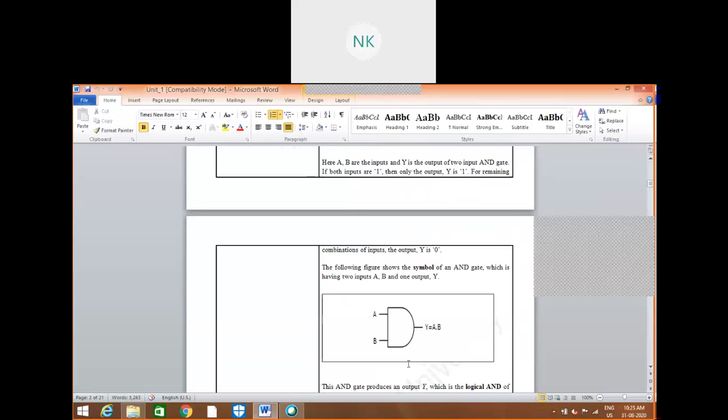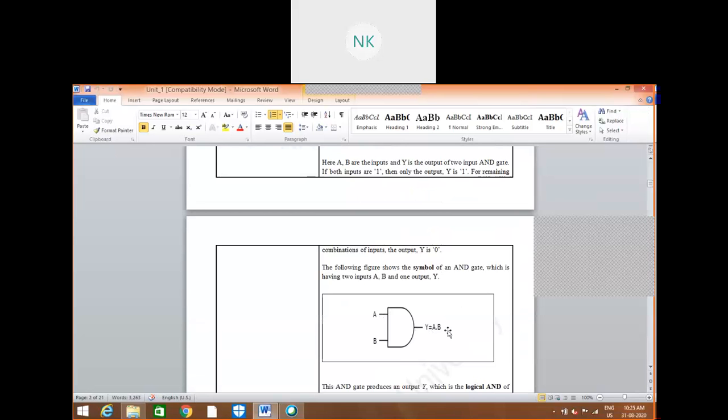This is the symbol for the AND gate. This is the input signal and this one is the output signal. A and B are the input signals, and Y, which is equal to A into B, is the output signal.